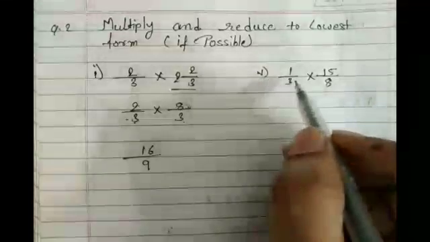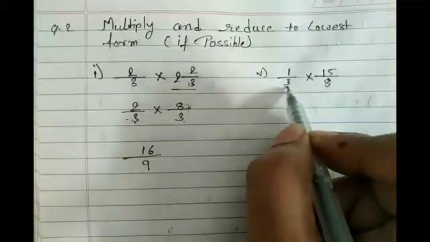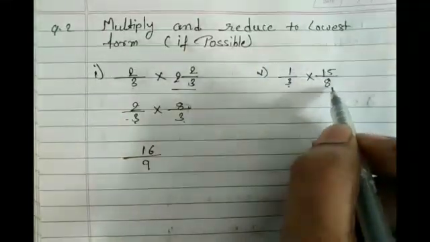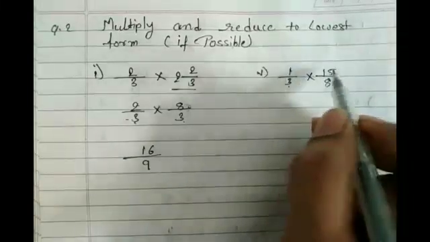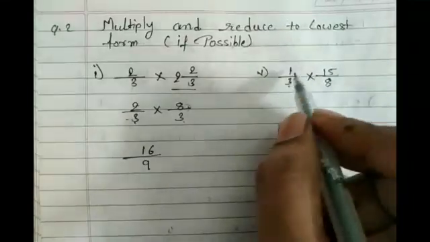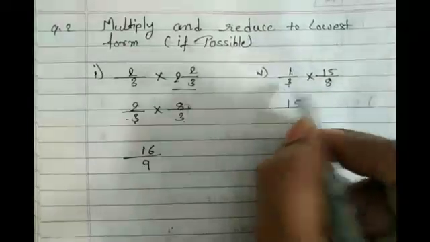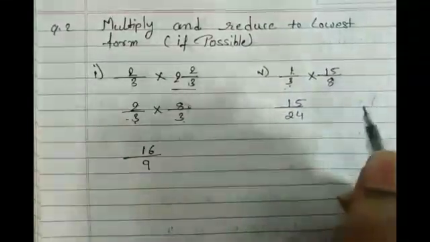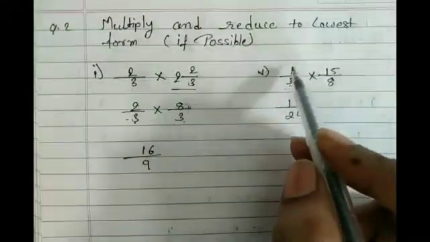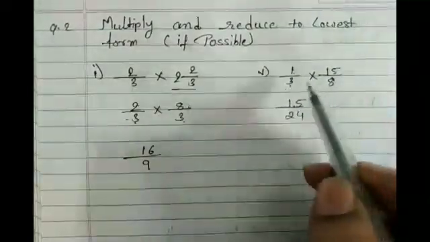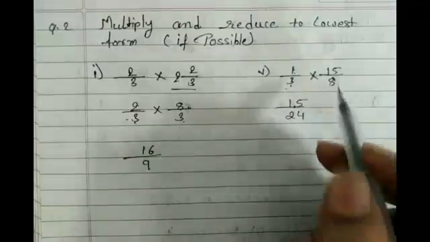Now see question number 5. 1 upon 3 multiply with 15 upon 8. So multiply 1 with the 15, so we get 15, 3 8s are 24.